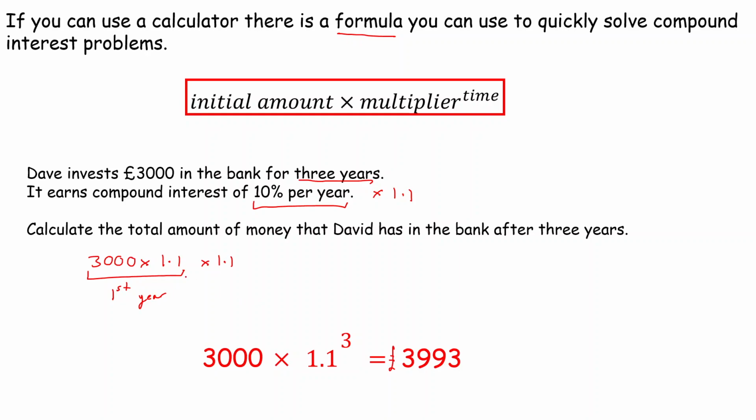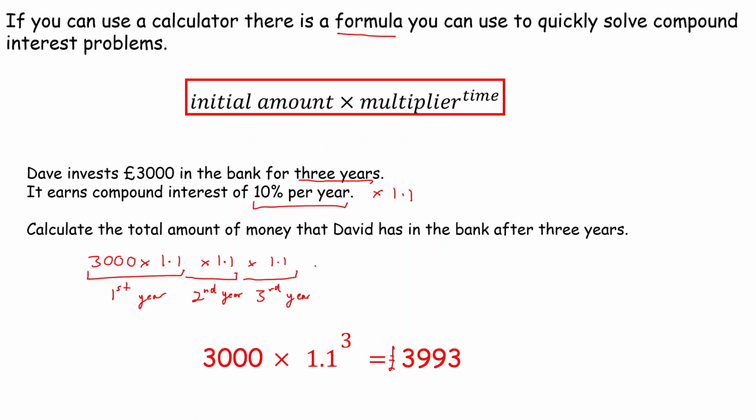So then you've got your first and your second year. And then 3,000 times 1.1 times 1.1 again by 1.1 after 3 years. So that's after your third year.